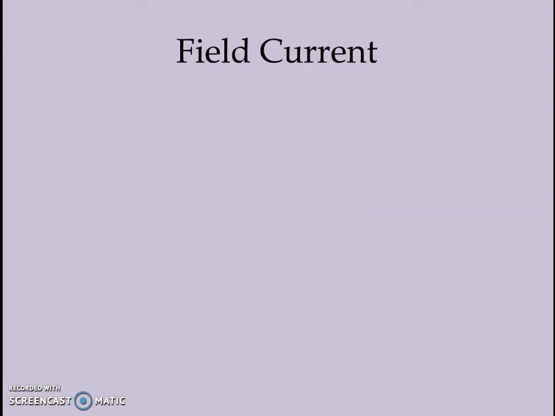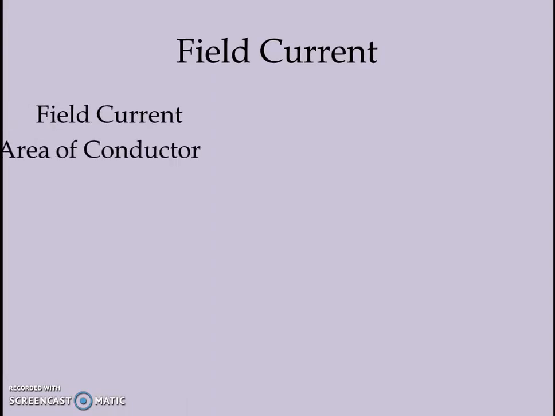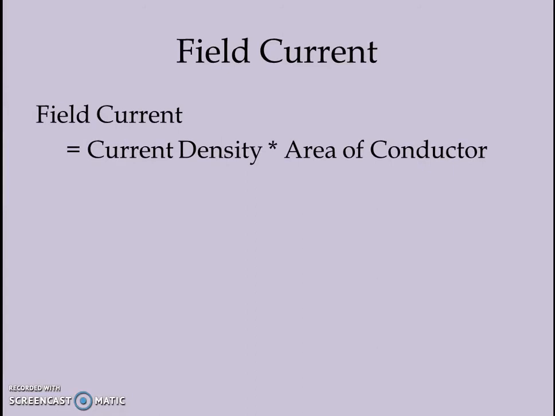Now if the area of the field conductor is known, by assuming an appropriate value of current density, we can easily calculate the field current. So field current is the current density multiplied by the area of the field conductor. The area of the field conductor we have calculated in the previous equation. So if we assume a suitable current density, then the field current IF can be calculated, and that is delta F multiplied by AF.